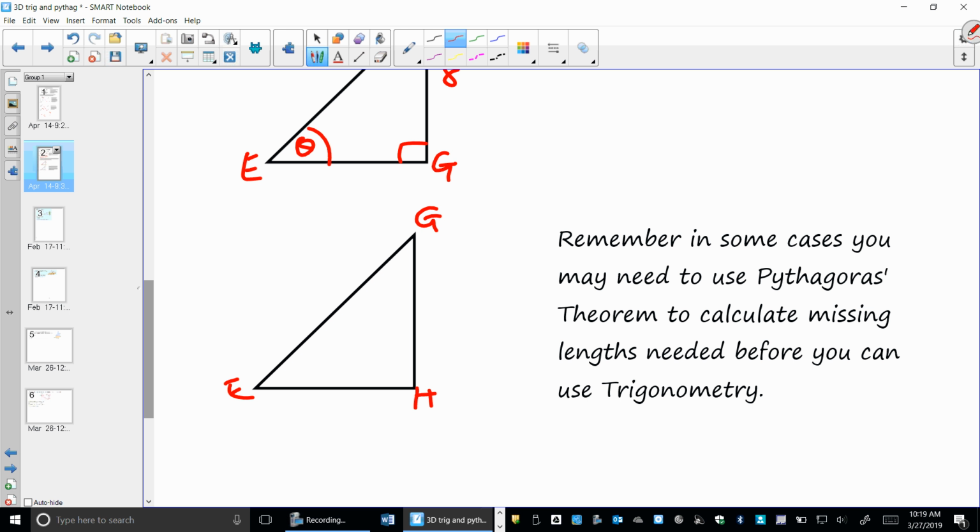And that will enable me to find my hypotenuse, or the length EG, which is what I was missing here. So EH is 15 and GH is 8. So obviously Pythag is going to be 8 squared plus 15 squared, because it's the hypotenuse, yeah? And I would suggest probably leave it as the square root of something.